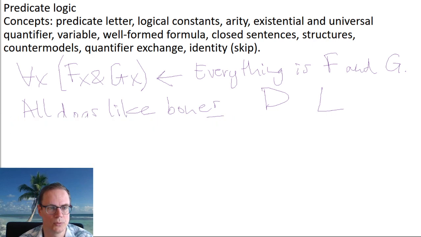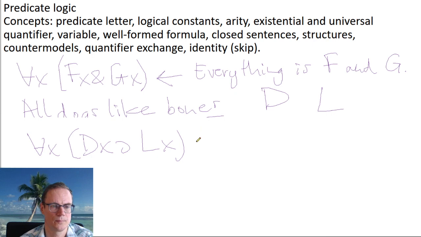Instead, we have to say for all x, if x is a dog, then x likes bones. It's conditional. Everything in the domain, in the universe of discourse, is such that if it's a dog, then it likes bones. Okay?